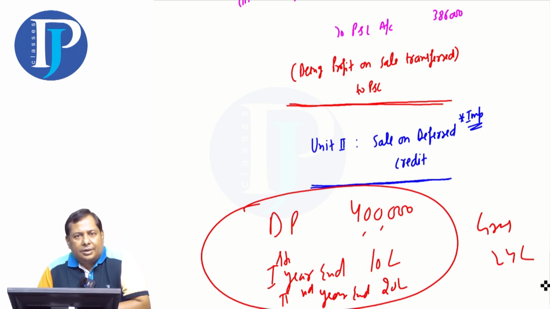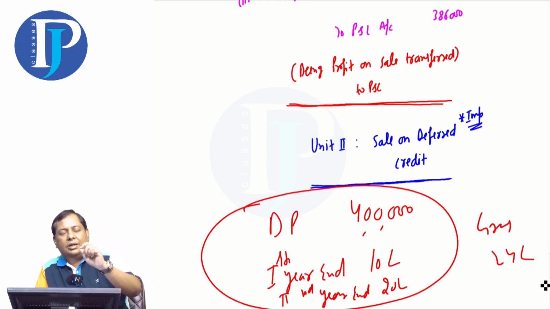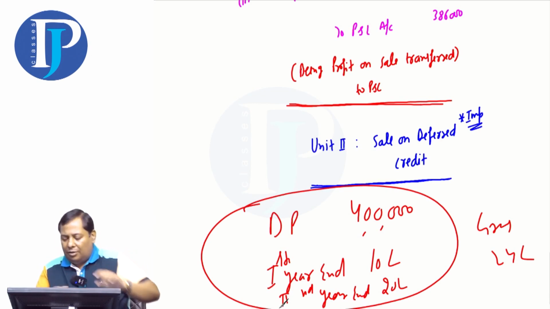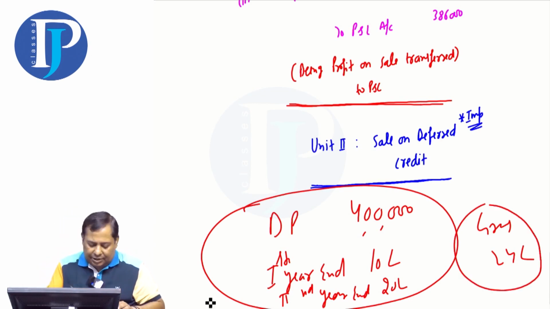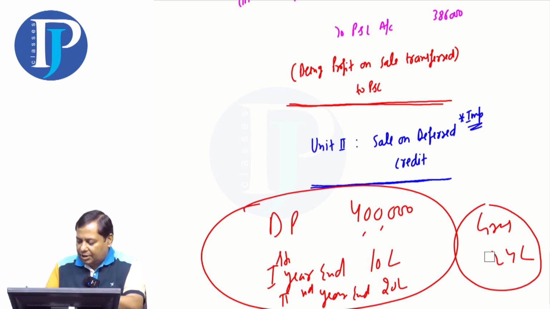When you sold the property, the money from selling the property was not received all at once. You received the money in installments. Some money was received as down payment, some at first year end and some at second year end. The gross value is 34 lakhs. 20 and 10, 30 and 4, 34 lakh.